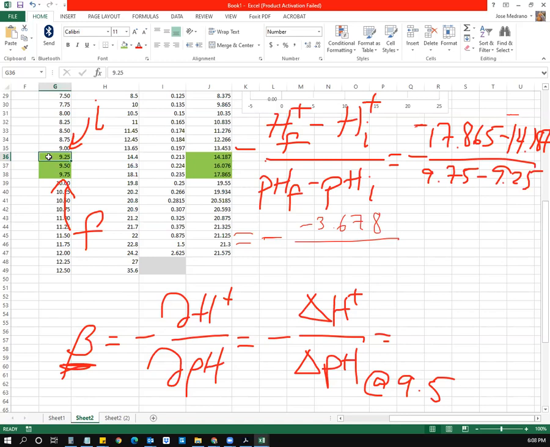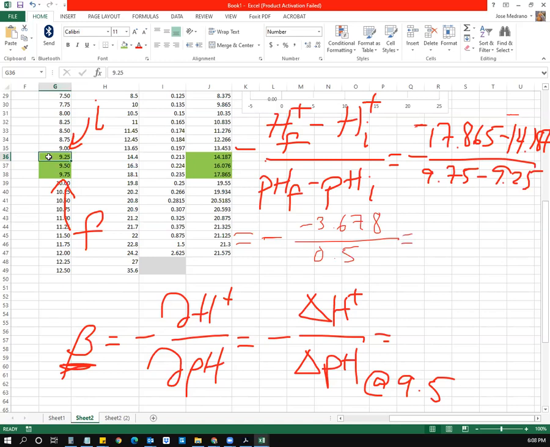Negative 3.678 is what you get when you take negative 17.865 and subtract negative 14.187. And then in the denominator, we're going to resolve 9.75 minus 9.25, which is just going to be 0.5.